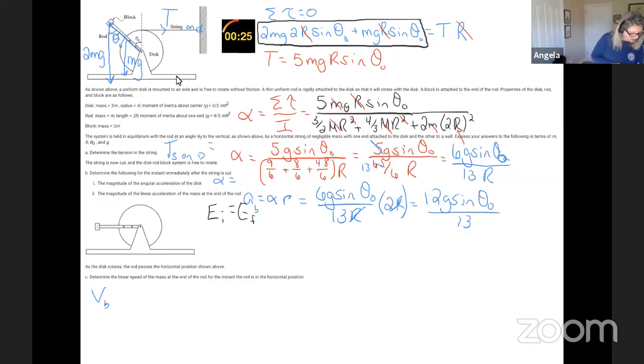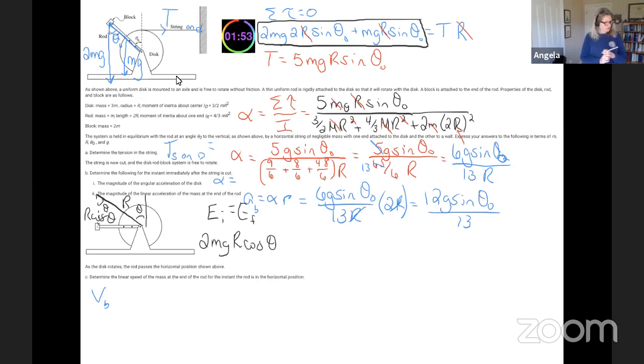So it would be, let's see, 2 mg. Now, how far did the block fall from this angle to horizontal? Do a little geometry. It was like this, right? So r, and then this angle is theta from the vertical. So that means this is theta. So the vertical distance it fell was r cosine theta.